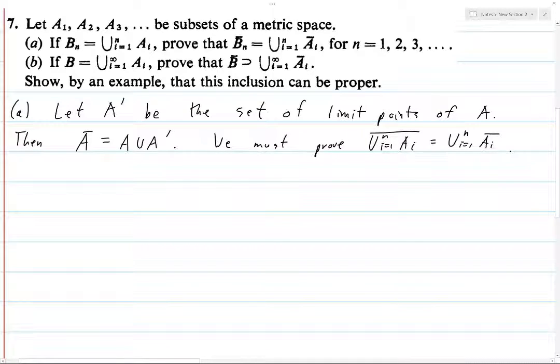So what we're trying to prove is that the closure of the union is equal to the union of the closures. We've actually done part of this in a previous exercise, but let's go through the details.